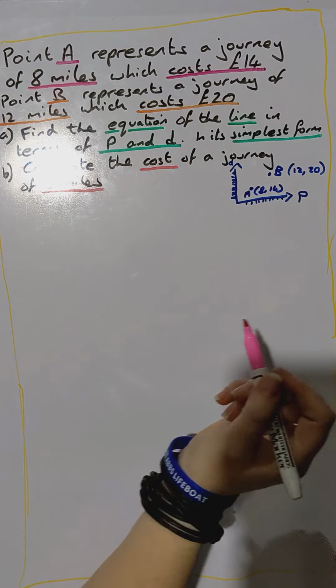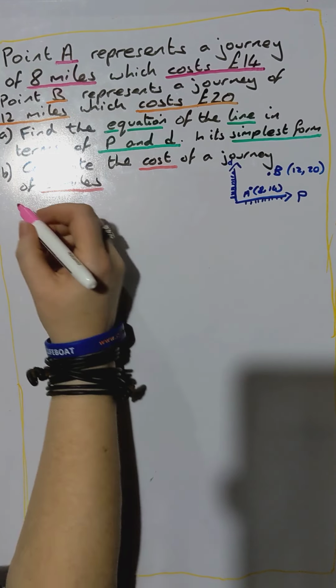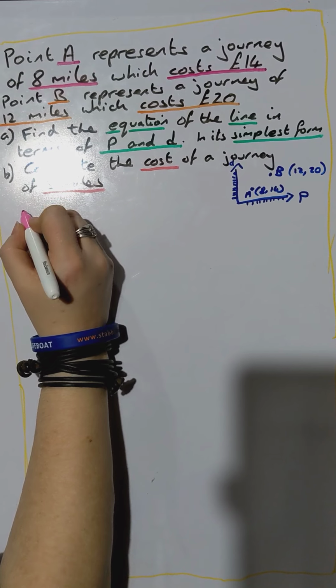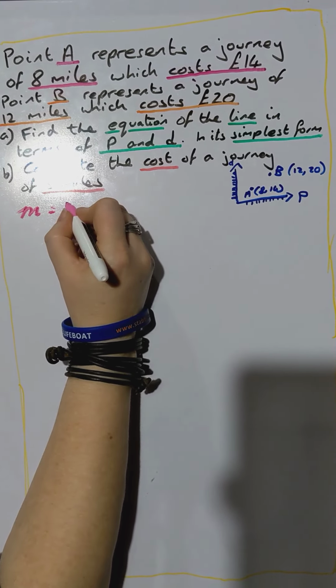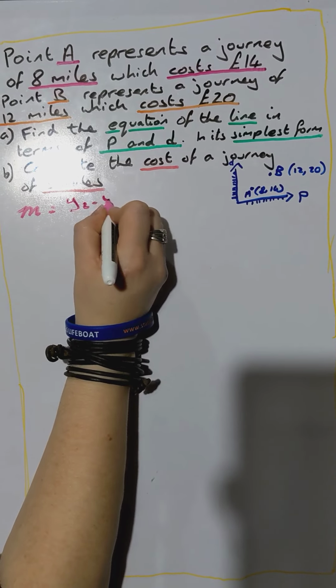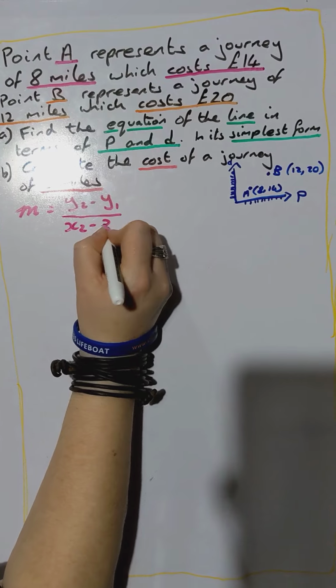So the first thing we're going to do is find the gradient of this line. So if you remember, gradient is your y2 minus y1 all over x2 minus x1.